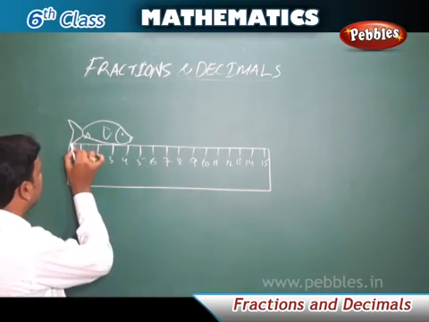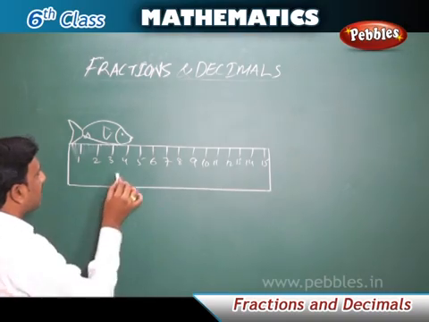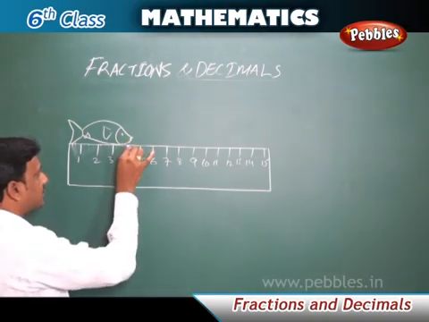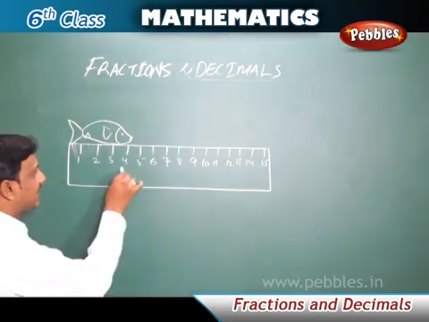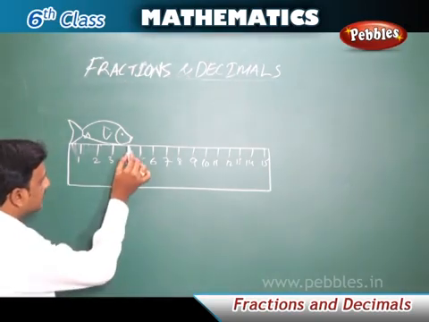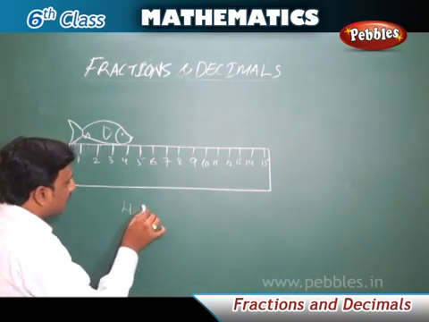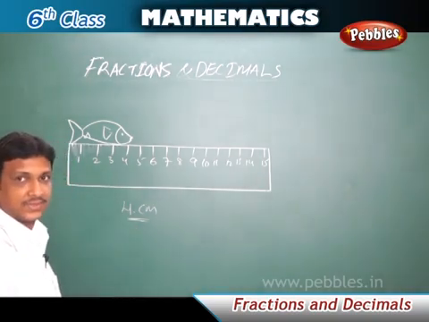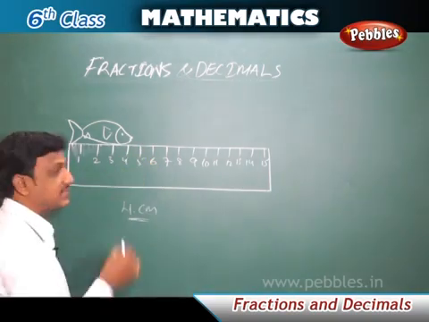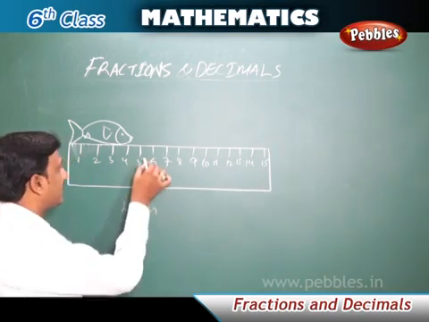So, we place the fish at the 0 to find out its length. Now, the length of the fish has come to 4, but it's not exactly 4. It is a bit more than 4. So, you cannot write it is 4 centimeters because it is more than 4 centimeters. And it is not even 5 centimeters. So, it is more than 4 but less than 5.